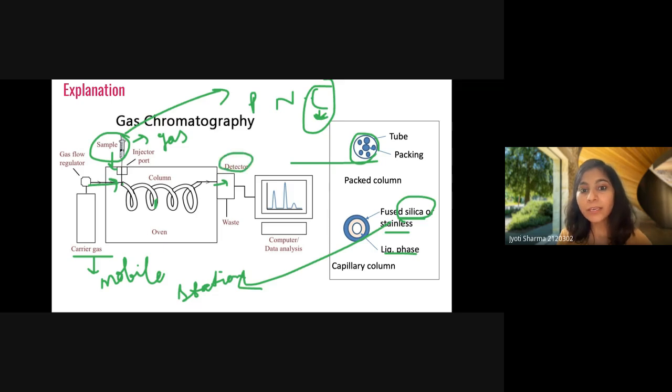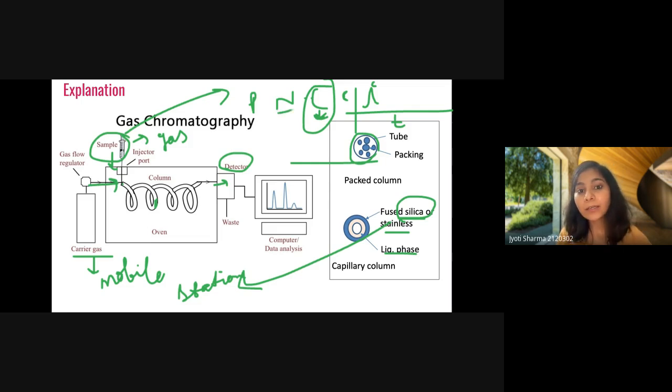If this is time and this is the concentration, and the tendency of calcium to be attached to the silica is lesser, then it will take very little time to make the peak. So let's say this is the peak of calcium, carbon.